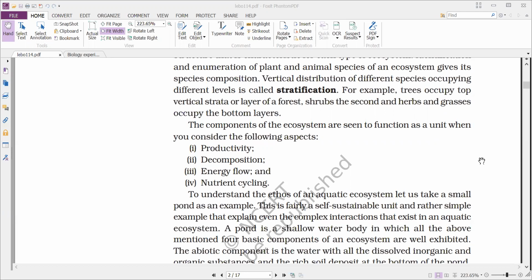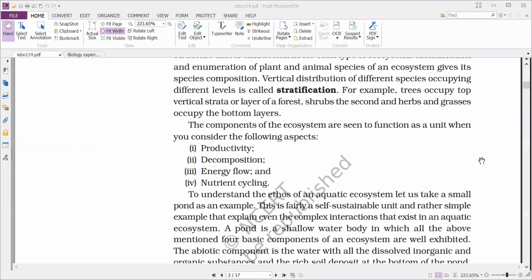Nutrient cycling. That means how the nutrients are cycled between the environment and the living organisms. That is called the biogeochemical cycle.